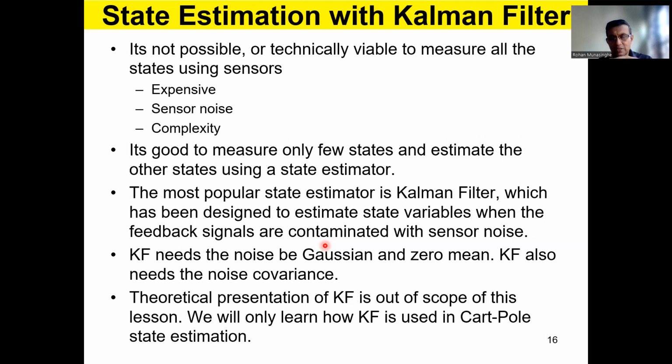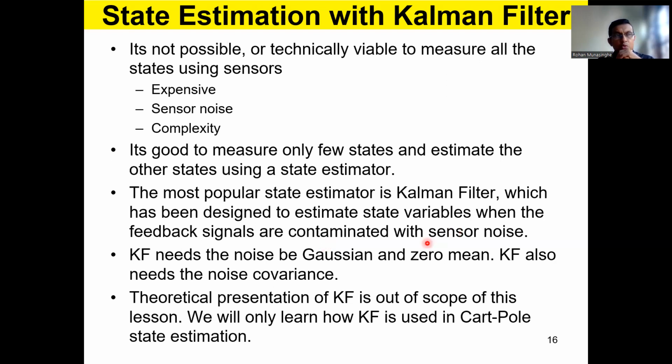It processes the signals in digital format, and then estimates the true sensor signal using noisy sensor feedback. So you get noisy sensor feedback as input, and you give out a clean sensor signal. So that's why Kalman filter is extremely important.